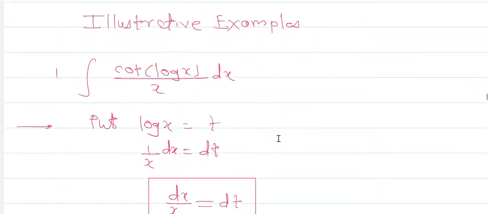Now see this, these are the illustrative examples from the textbook, and they are also very interesting. The first example is the integral of cot of (log x) upon x dx. I always say that if the function is present, its derivative is also present there.